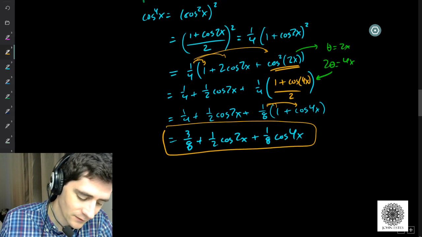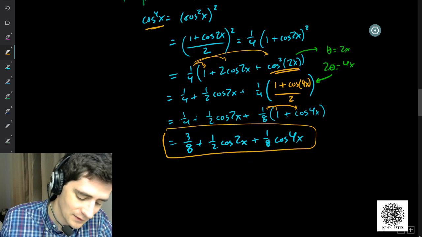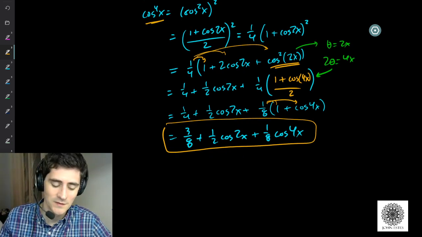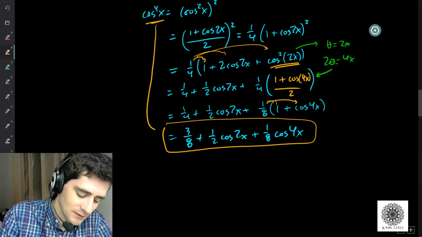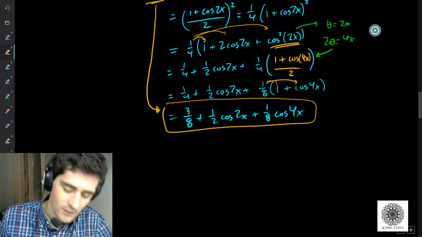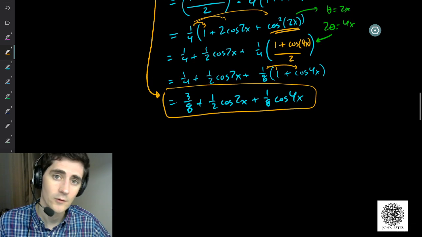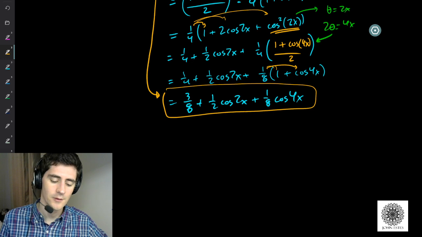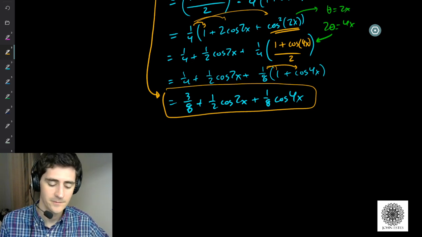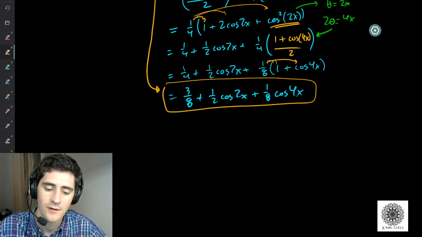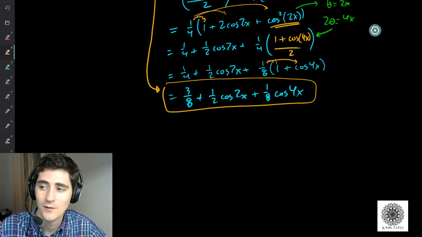I have now written cosine of the 4th x, which is actually kind of complicated because that's cosine times itself 4 times, and reduced it down to cosines to the first powers, which may be easier to work with. I mean, we at least know what the graph of these type of things look like, right? And so the reduction formulas may be useful in that regard. I hope that makes sense.